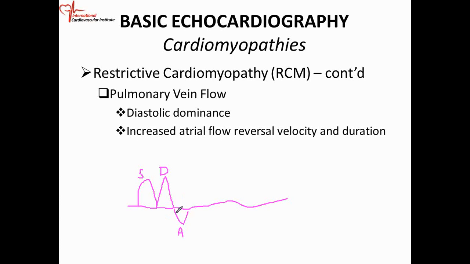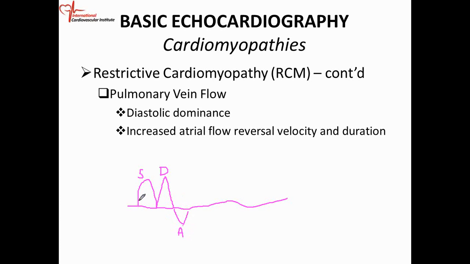So if you have restrictive physiology, the velocity, which is the vertical component of the atrial flow reversal, is going to be increased, and the duration, which is the horizontal component, is also increased.